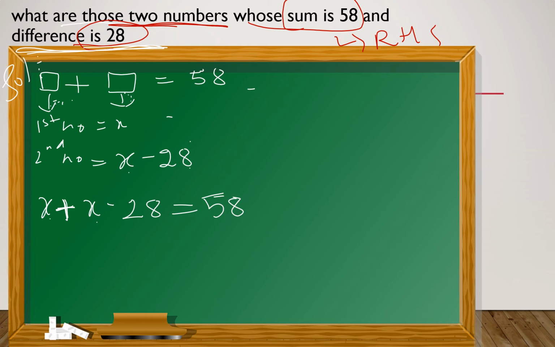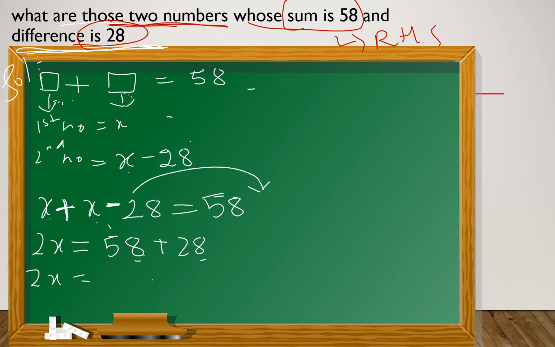Now x plus x is 2x equals 58. We write the RHS constant first. Now this minus 28 when transposed to RHS changes to plus 28. So 2x equals 58 plus 28. 8 plus 8 is 16, carry goes to the next number, 5 plus 2 is 7, 8.